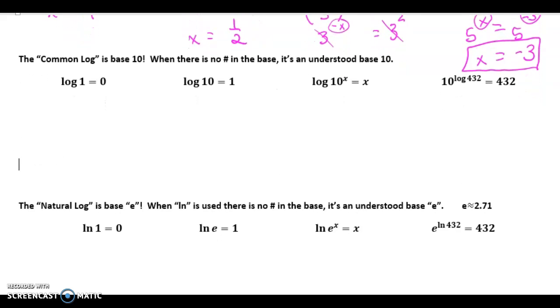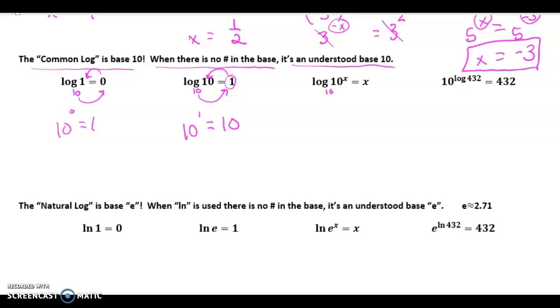Common log. The common log is log base 10. When there is no number in the base, it is an understood base 10. So there's a little understood 10 down there. These are the same four rules we just did a second ago. 10 to the 0 power is equal to 1. That is true. And when these two numbers are the same, our answer is always 1 because 10 to the first is equal to 10.